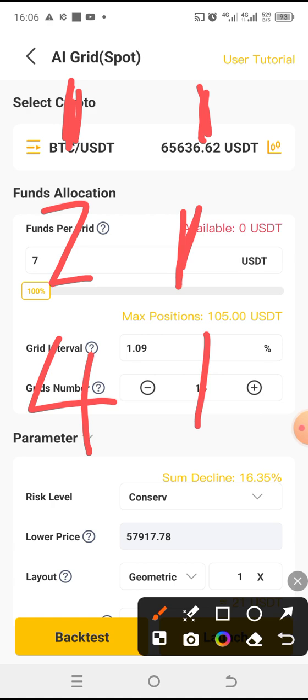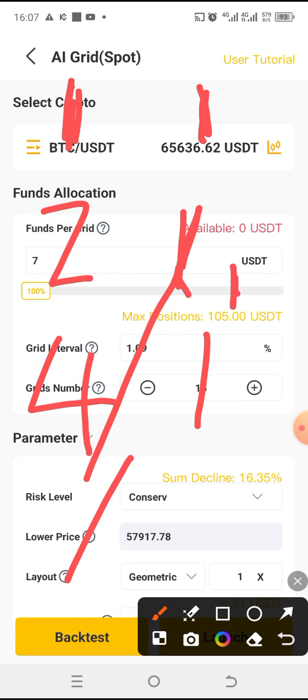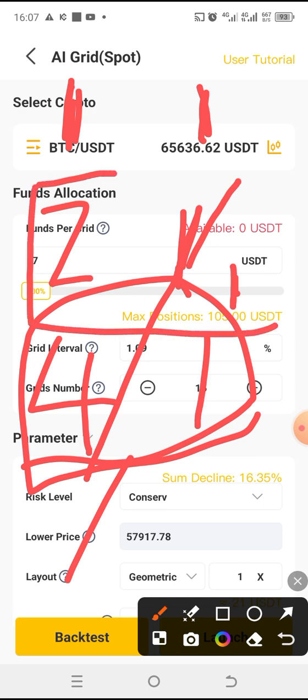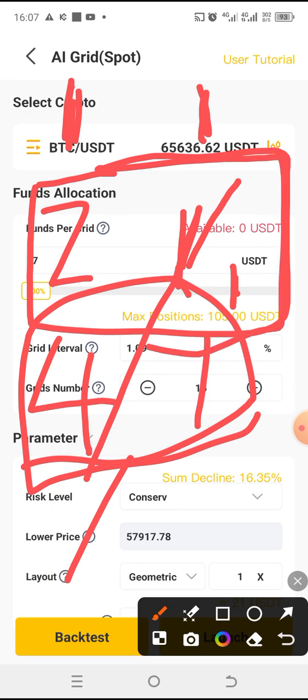So now what this robot will do is this: when it goes up, and it has made a profit of 1% for you, it will sell this one for you in profits. Then when it goes up again and it gets to this price and you make a profit of maybe 1% or 2%, depending on what you set in there, it will give you the profit for this and sell this for you.